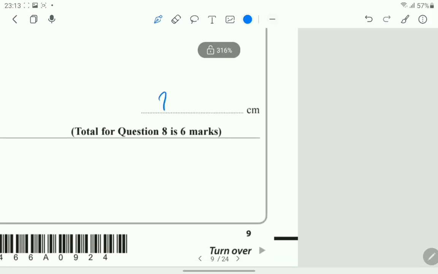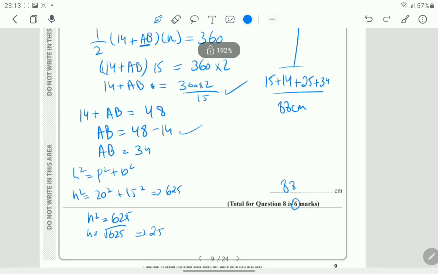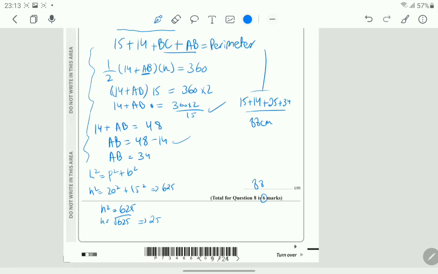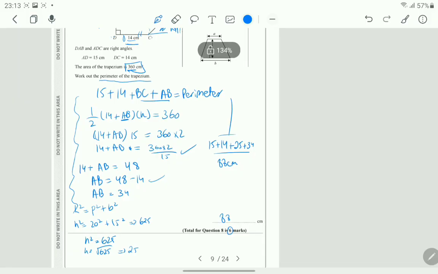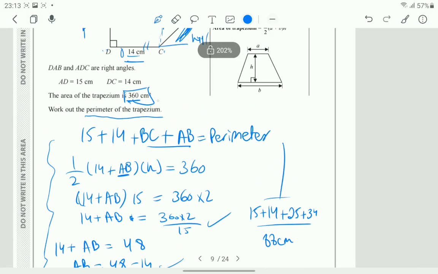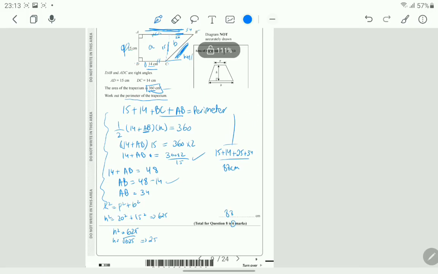This is your answer. Notice that this is 6 marks because of all the distractions that he put in this question for you to find out. So think of it as a detective case where you're given clues and you have to work your way around them.